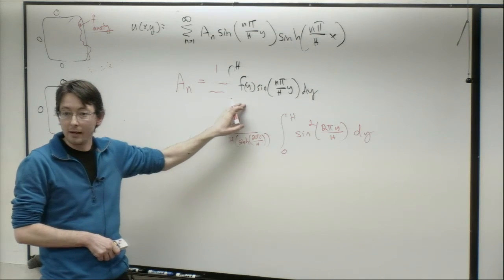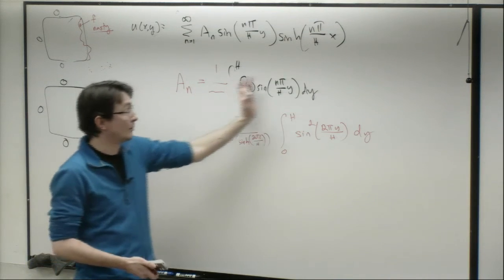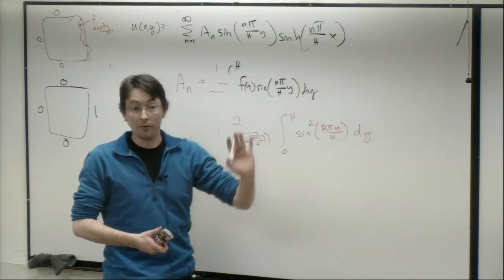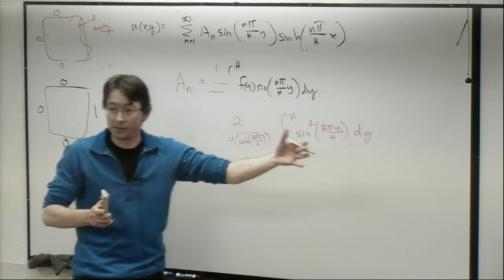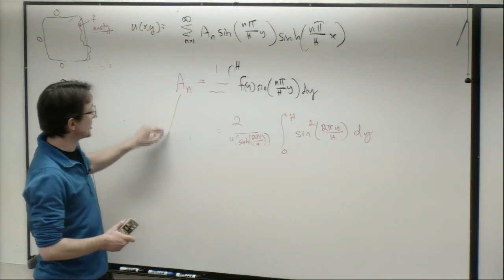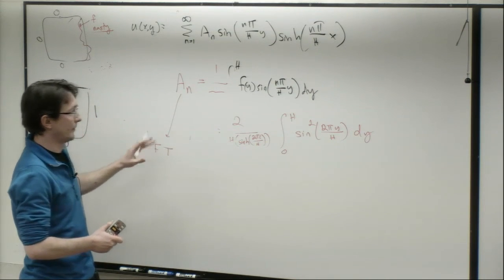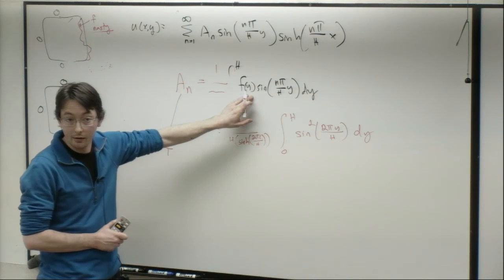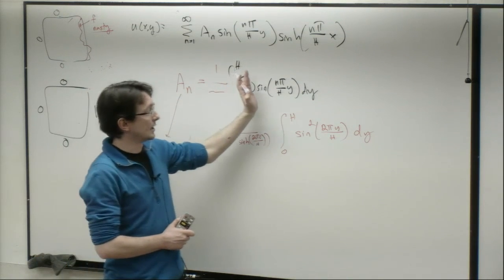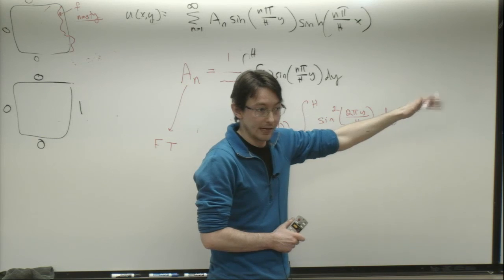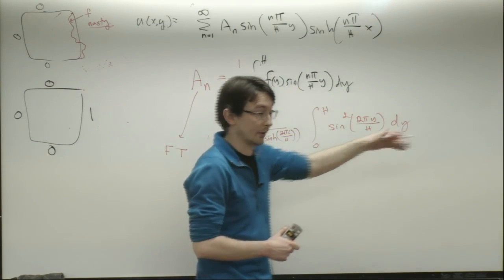I want to decompose my function. I want to rewrite my function as a sum of sine waves of low frequencies to high frequencies. So this is essentially where the Fourier transform comes from: writing my function of y as a sum of sine waves. It's now a function of frequencies, these a's.